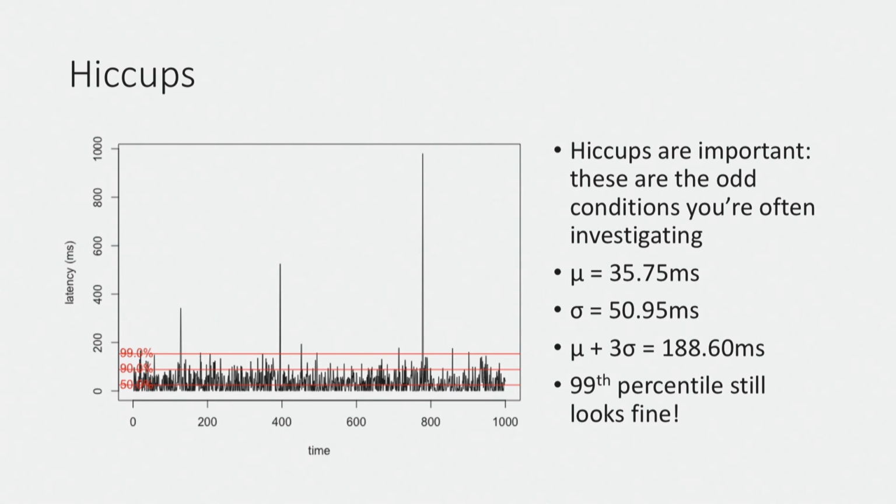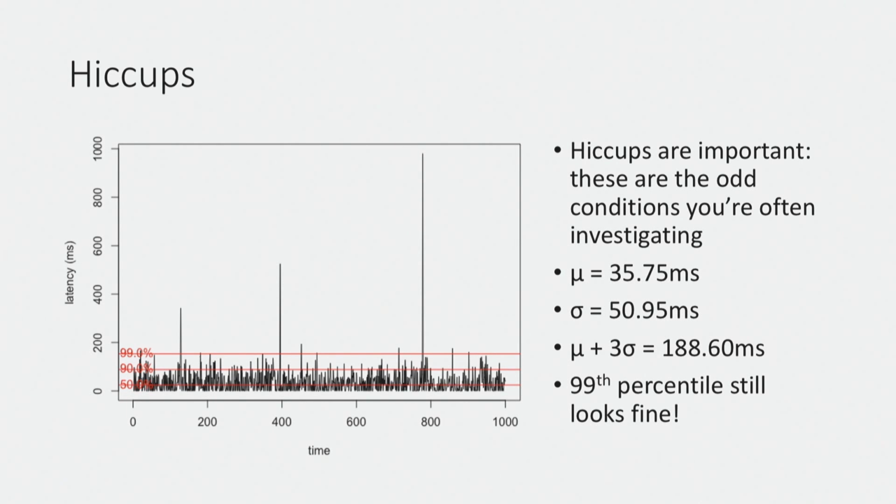But there are hiccups. Some results are much worse than that. My hiccups go all the way up to even 1,000 milliseconds. And in a lot of cases, what you actually investigate is the hiccups, the worst cases, the things that users report and will ask you to look at, which are not around the average values.